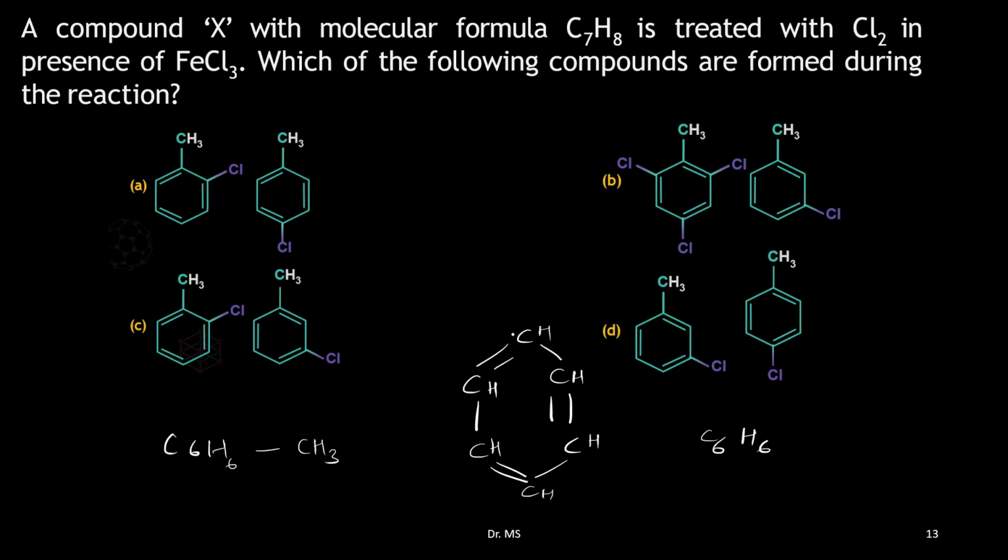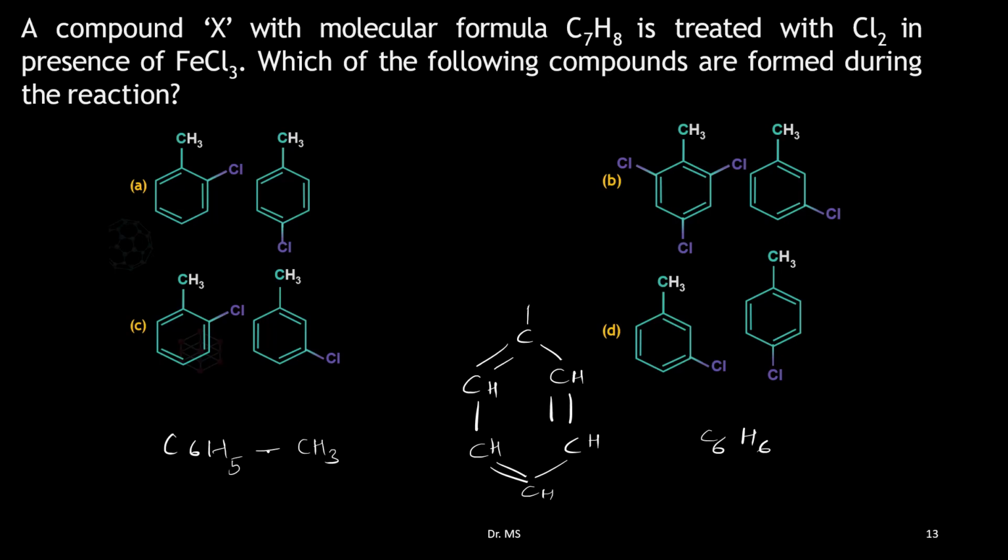And where can I attach this CH3 now? If I attach on this carbon, how many bonds are formed? 1, 2, 3 bonds, and between the carbon and hydrogen, 4 and 5. So how can it be possible? So I need to remove one hydrogen. So there will be a vacancy created. Then I can attach the bond. So that's why it is not C6H6, it's C6H5.